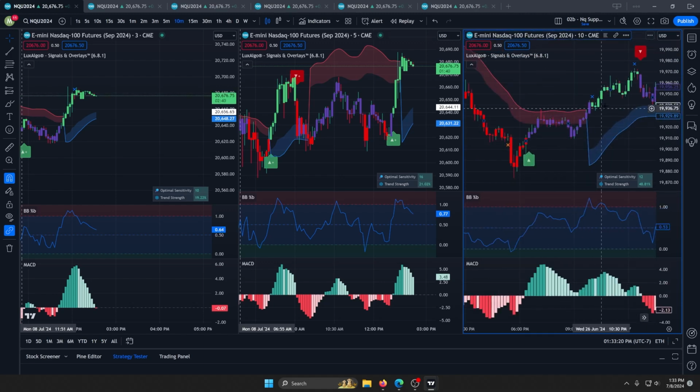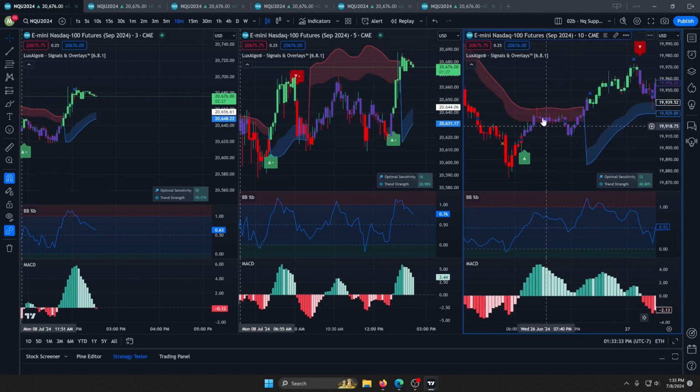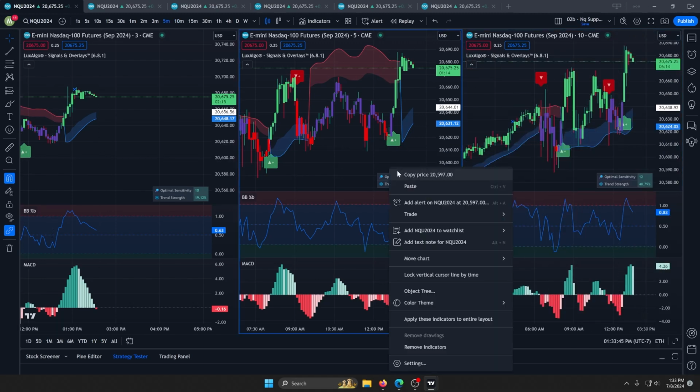Like right here maybe, something's telling me it just came from a long downtrend here, and then you're getting purple candles, but you had a green signal. I would take it up, even though you're under the smart trail. But if you wanted to be safe, you could wait till you crossed the smart trail and got into the blue, and then you could take trades right here. But it's all up to you and how you want to manage risk and everything.